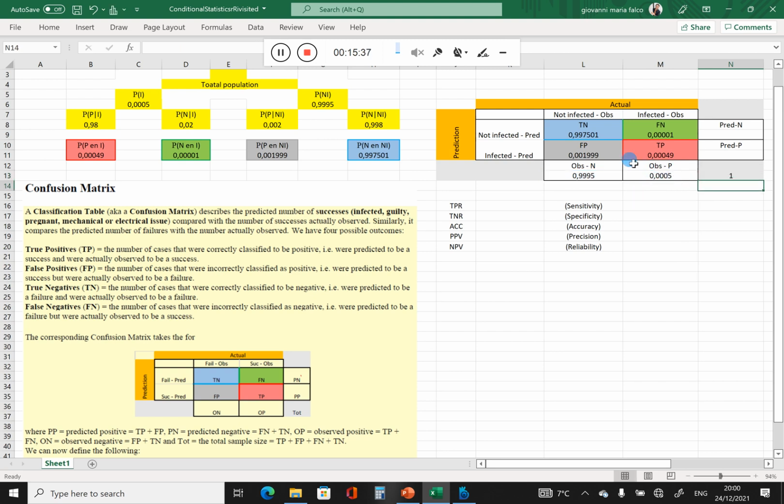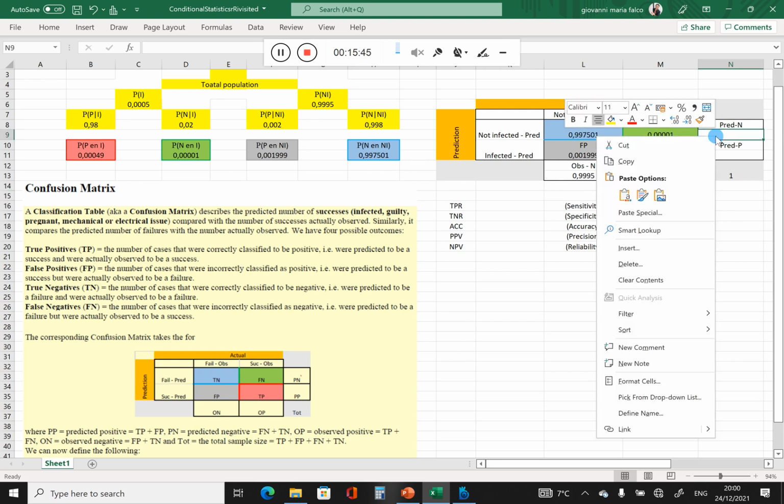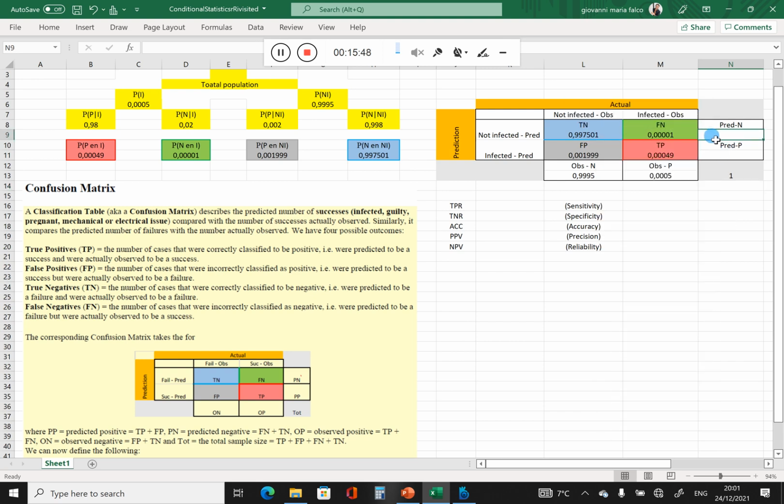And the same way we can sum up along the horizontal axis. So for example, to calculate all the predicted negative probability, this is equal to the sum of these two probabilities, together with the total predicted positive probability.